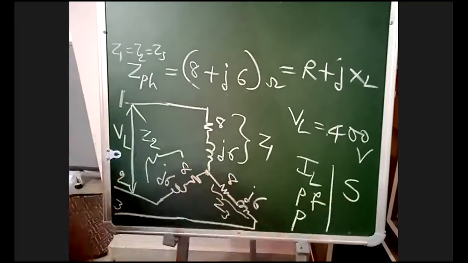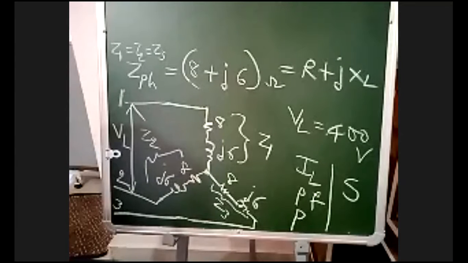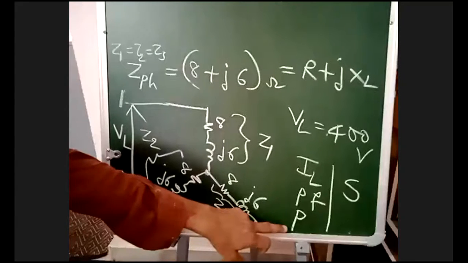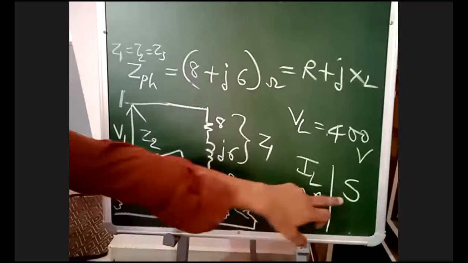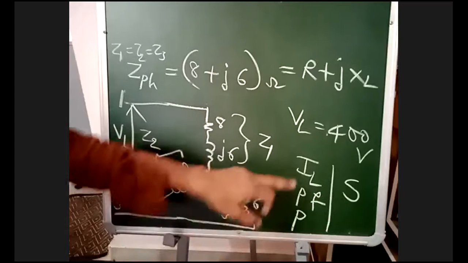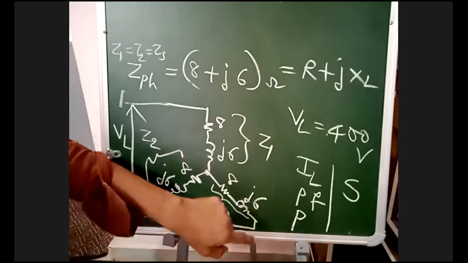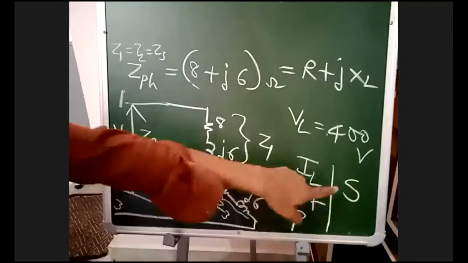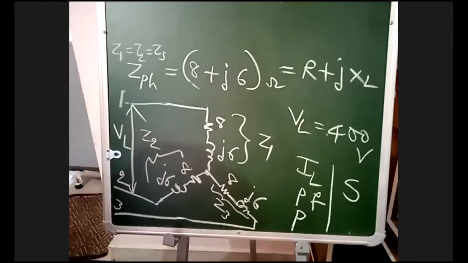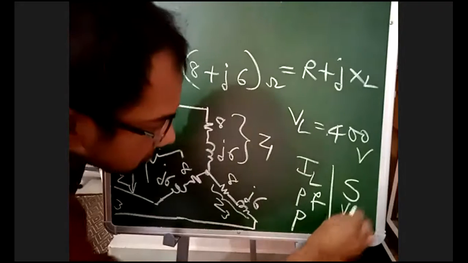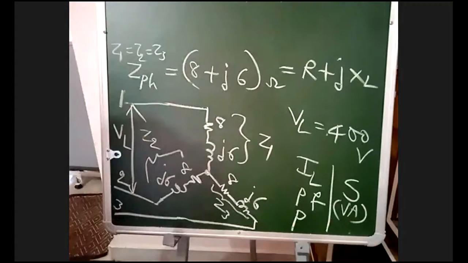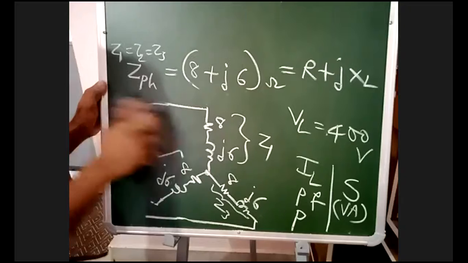The unit of S is volt ampere. The unit of P, power they are asking, is watts. He is asking total volt ampere, so we have to determine it. Okay, now I will determine all these parameters one by one.